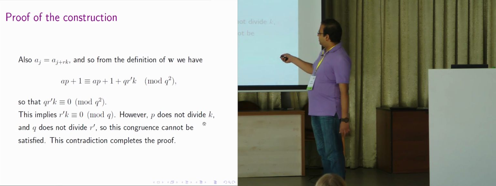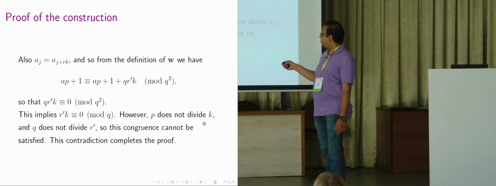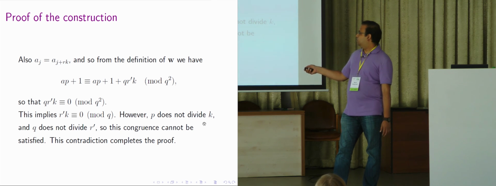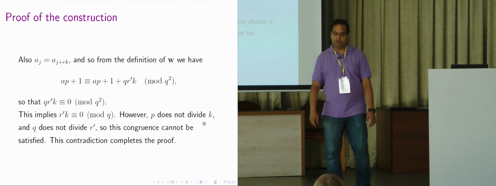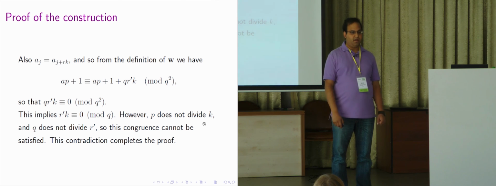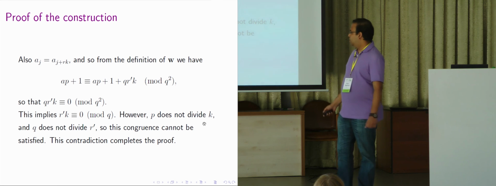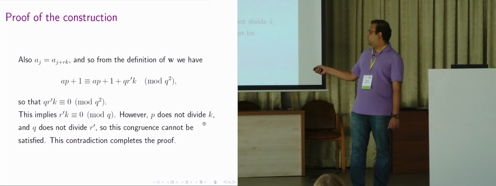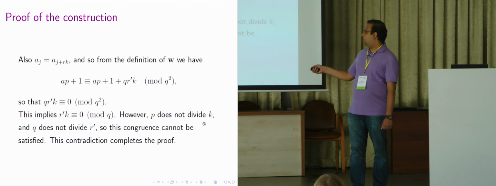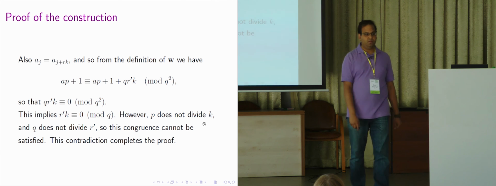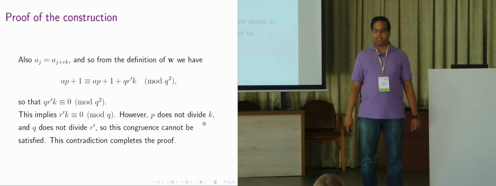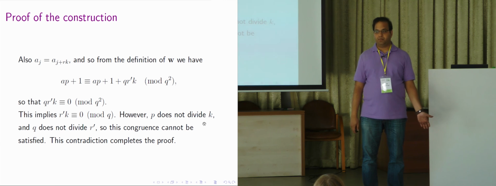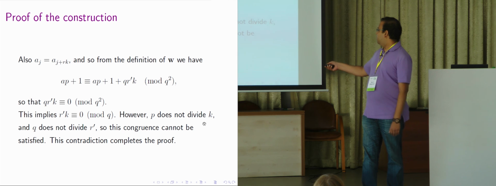Therefore, if we cancel this p to the m plus 1, we get that q times r prime times k is congruent to 0 mod q squared. But then the only way this can happen is if r prime times k is a multiple of q. Q is a power of p, and k is not divisible by p. Therefore, r prime should be divisible by q.